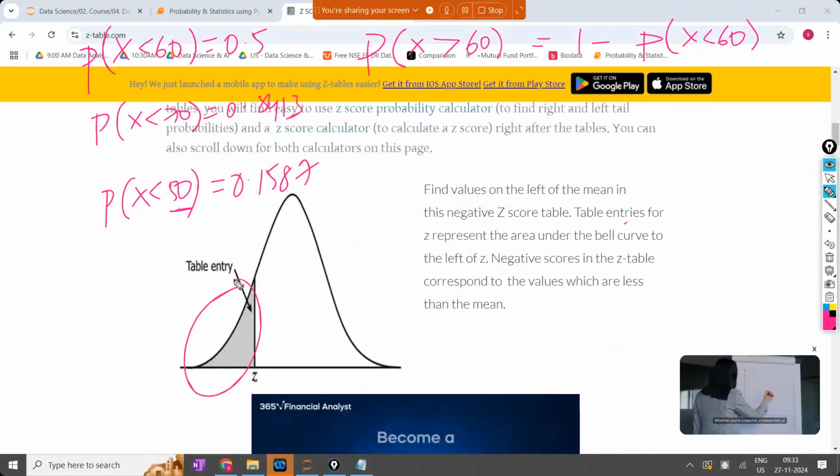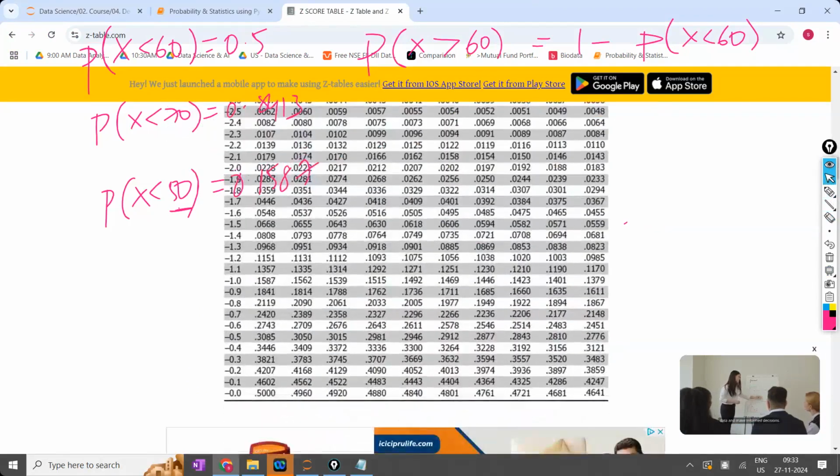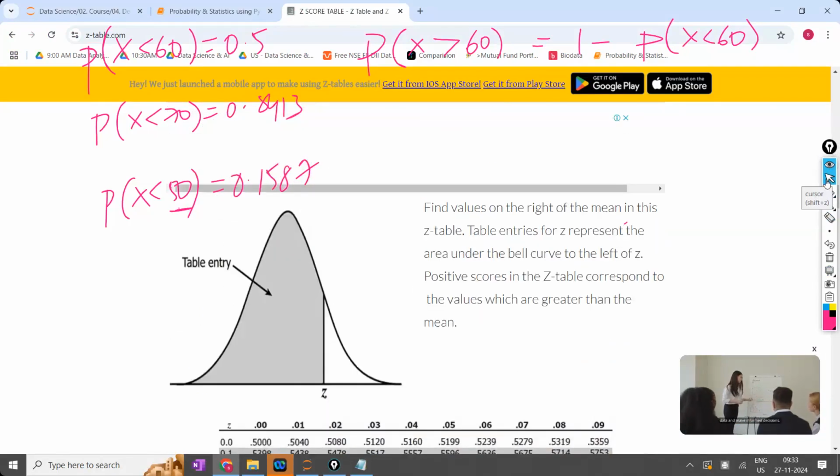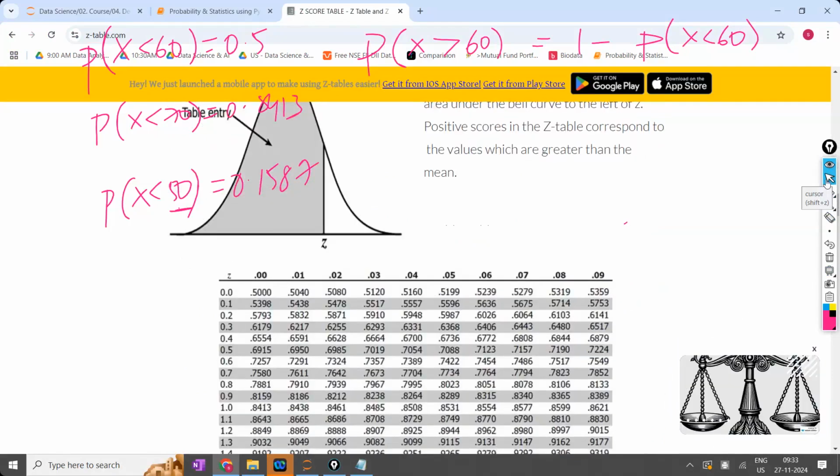Can you see here? It will not give the right side area, only the left side. For negative z values, left side area. For positive z values also left side area. Never will you get the right side area. Whatever probabilities you are seeing here, that probability indicates the left side, the cumulative probability from the starting to that point.